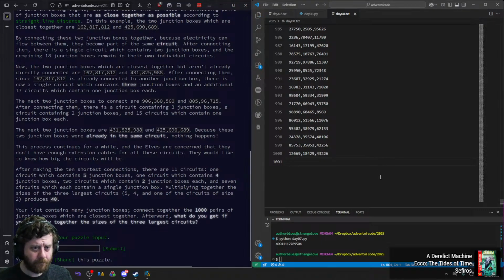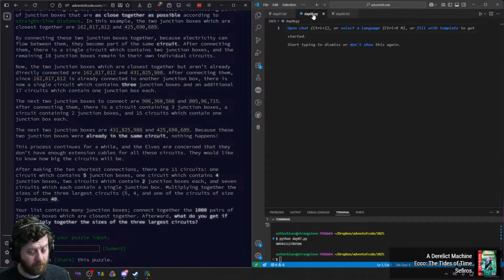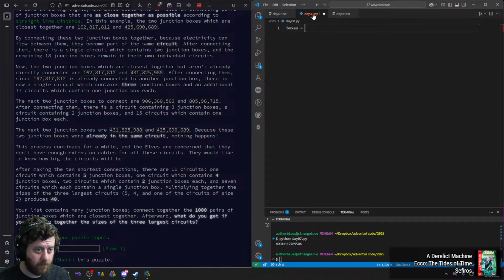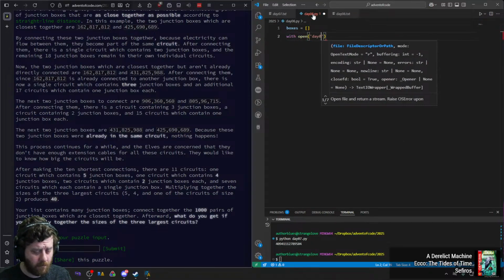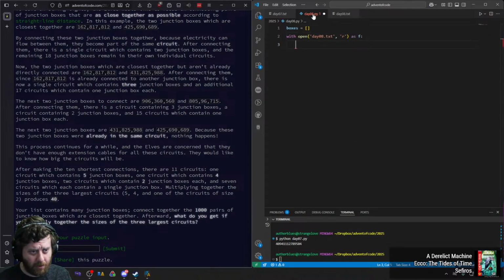Why not? It really looked like they were going to have me make a min spanning tree, but it does not look like that's the problem, which is weird.